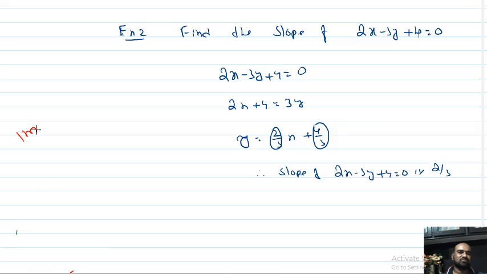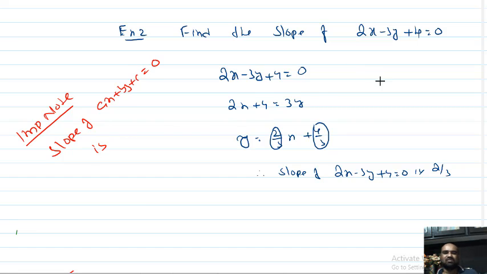Okay. Important note. The slope of ax plus by plus c equal to 0: I want to make y the subject. By equal to minus ax minus c. Y equal to minus a by b into x minus c by b.